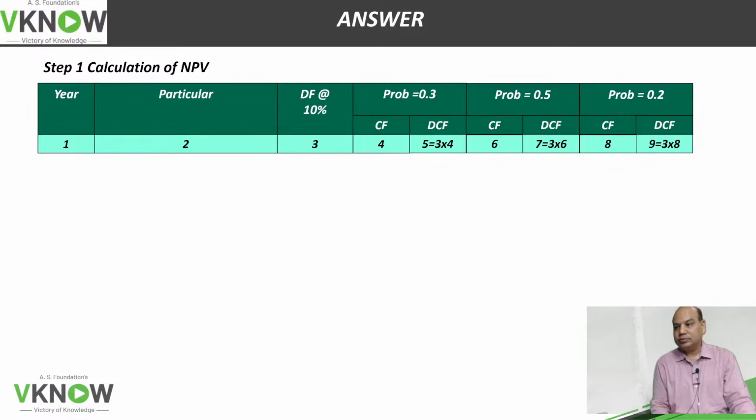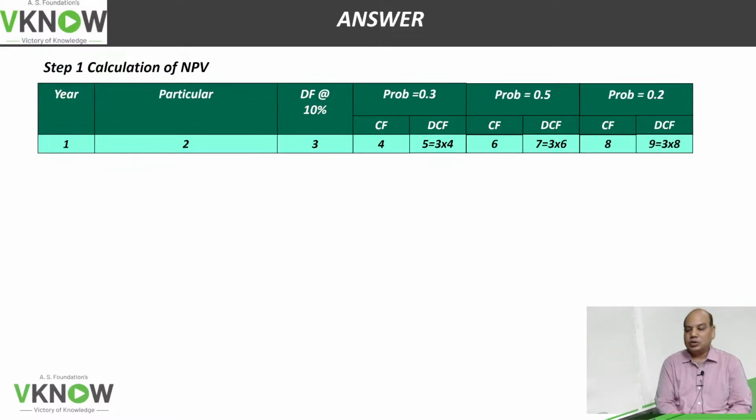First column year, second column particulars, third column discounting factor at the rate 10%, then probability column, under probability column, probability equal to 0.3, two columns, cash flow column and discounted cash flow column, then probability equal to 0.5, cash flow, discounted cash flow.